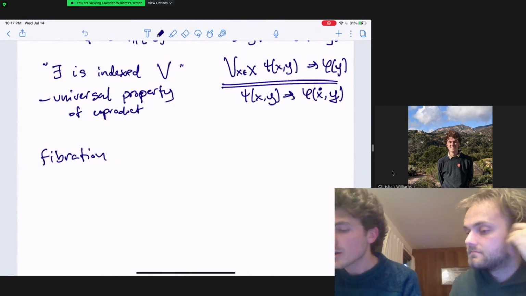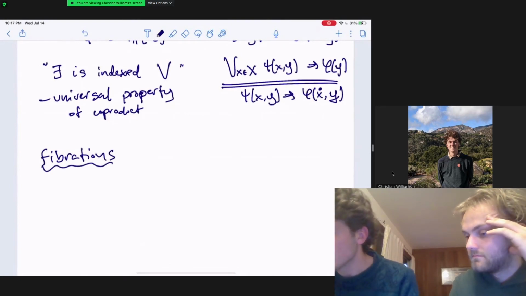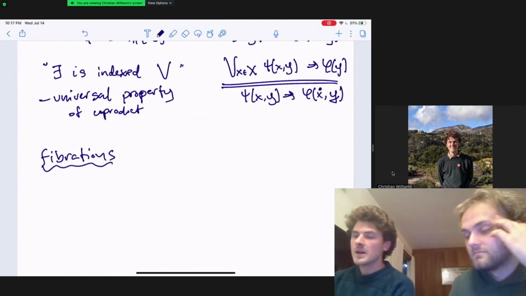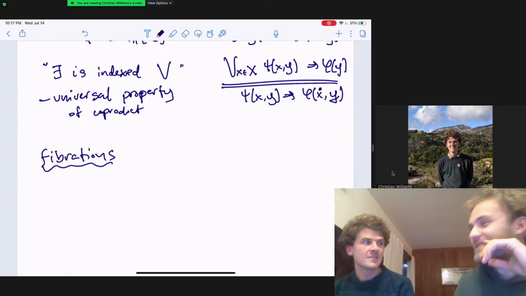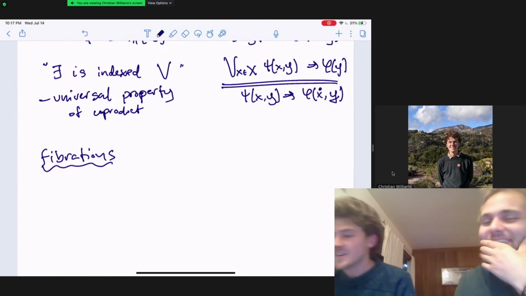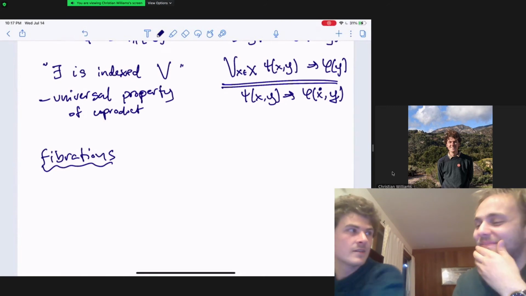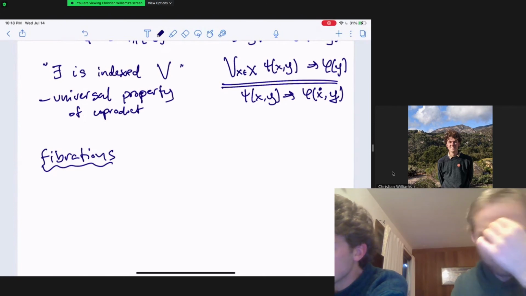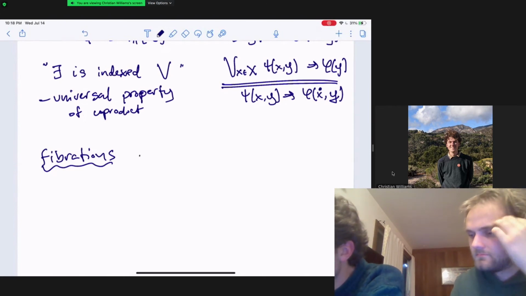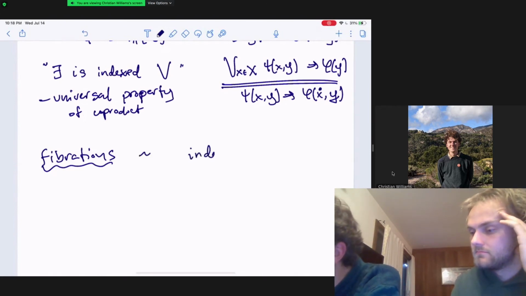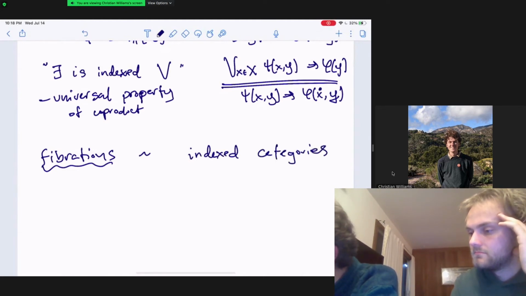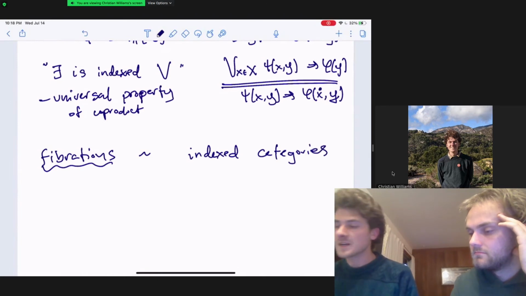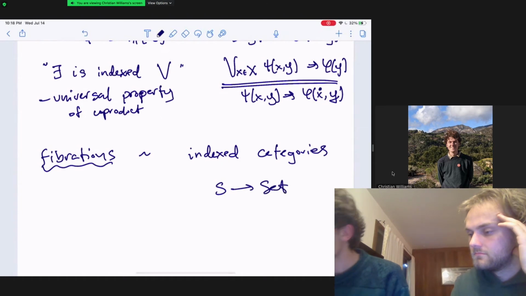But they're equivalent to these things called fibrations. Yeah, we've been calling them fibrations the whole time. Bad abusive notation, but whatever. Fibrations are equivalent to indexed categories. And the correspondence is really just a big, nice categorification of two ways of thinking about indexed sets.